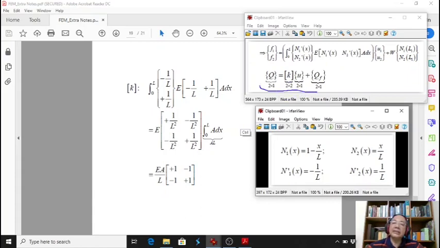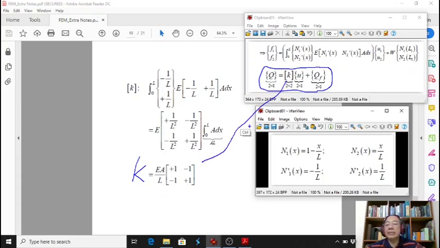This is the basic expression in the finite element method. So this is K for truss.